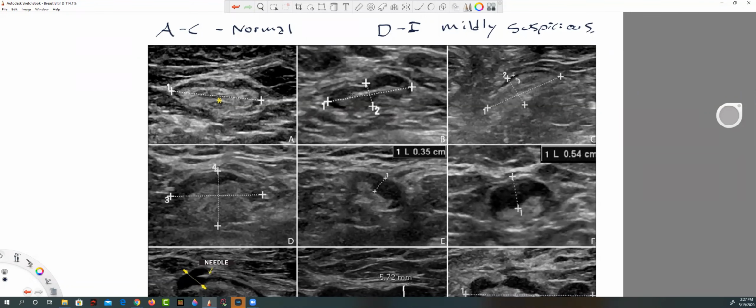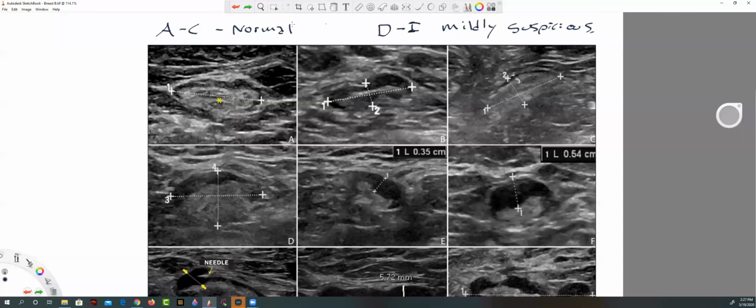So does this one. Big hilum, fatty hilum here. That all looks great. They measured it. That's fine. And slightly thicker on this side compared to that side, but I mean, it's nothing. This lymph node you barely can see. But when it comes to lymph nodes, that's a good thing.